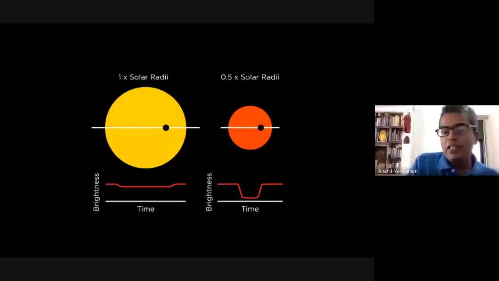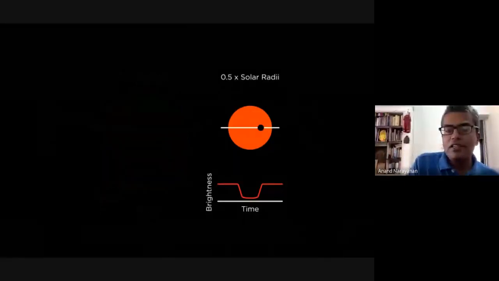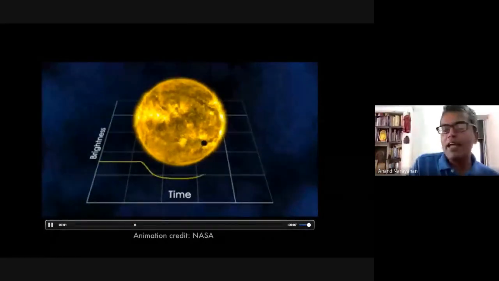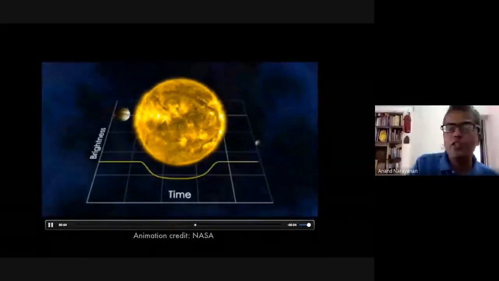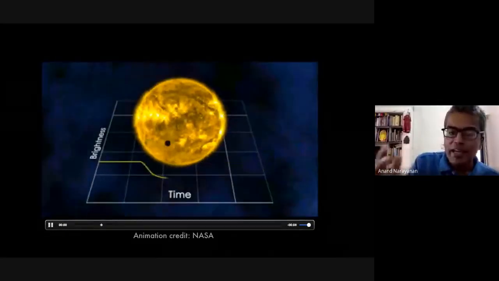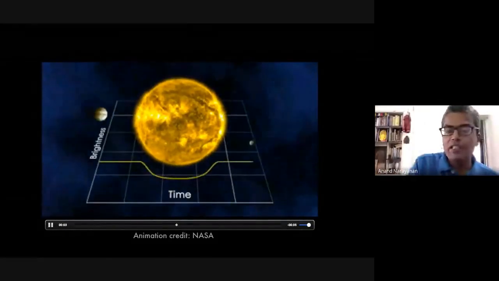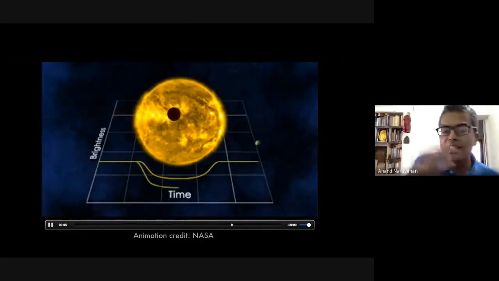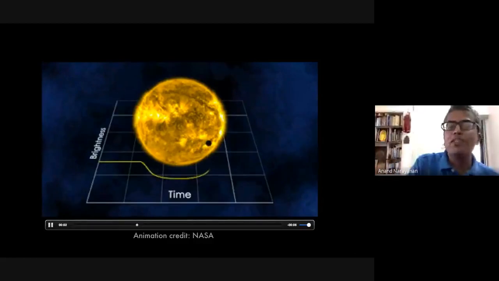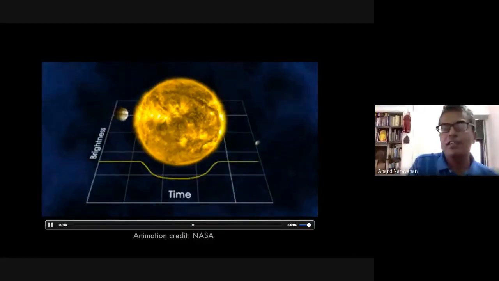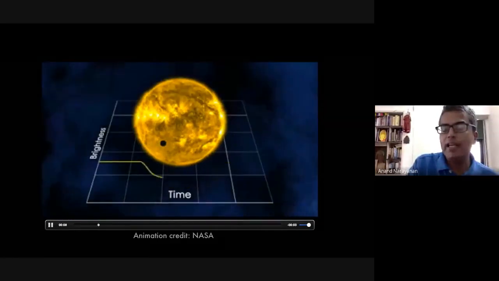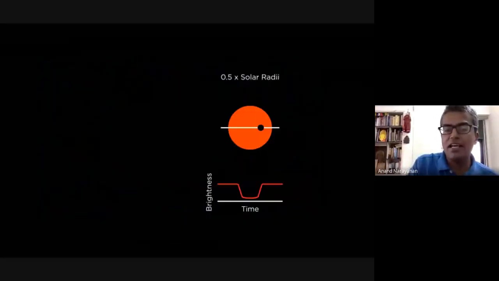So in other words, the extent to which the brightness of the star dims is proportional to the ratio of the size of the planet to the star. The bigger the planet is, the more the dip. The bigger the star is, the less the dip. So by measuring the depth of this dimming, astronomers can infer the size of the planet relative to the size of the star.